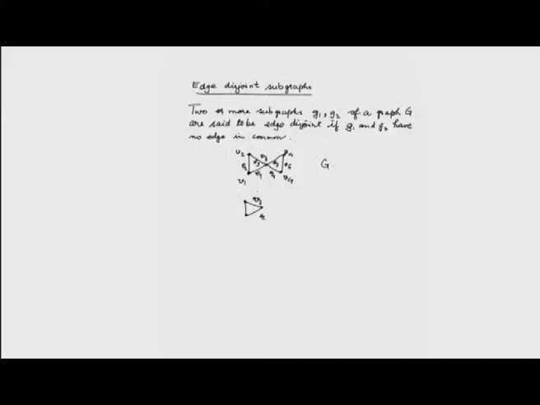This is the vertex V3, E3 is over here, E1 is over here, V1, E2 and V2, and another subgraph V3, V4, here this is V5, like this, and we have E4, E5 and E6.